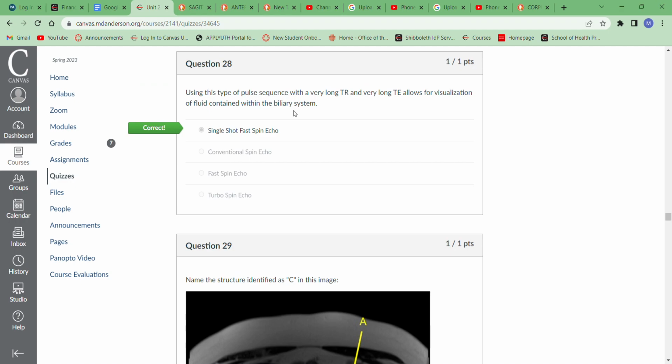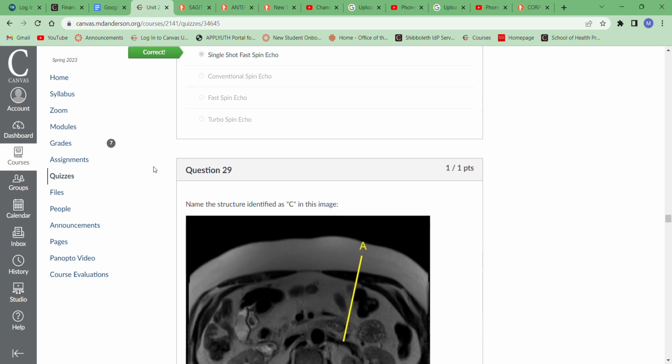Using this type of pulse sequence with a very long TR and very long TE allows for visualization of fluid contained within the biliary system. Single shot fast spin echo. The SSFSE. I just remember that from doing the MRCP exams.